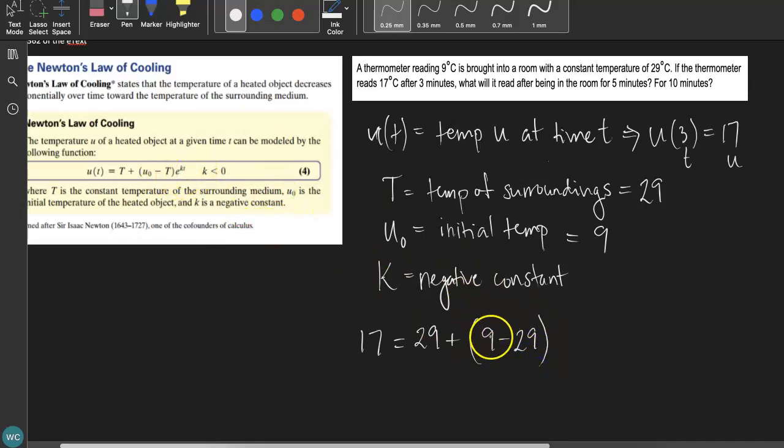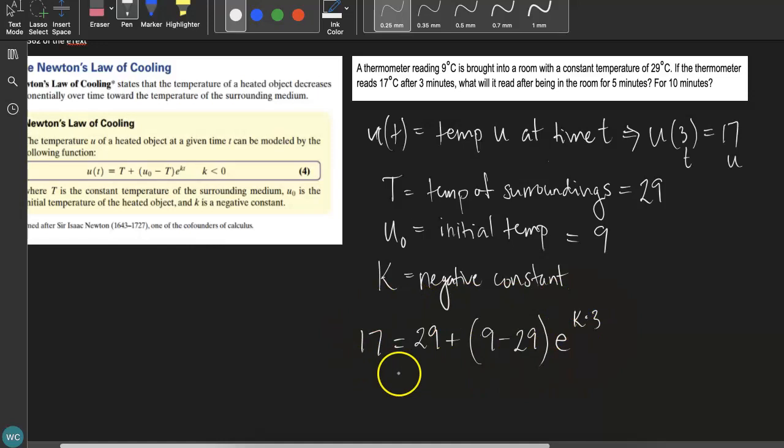And that's being multiplied by the constant e raised to the power k times lowercase t. And lowercase t we know to be 3. That was a specific temperature at a specific time that we were given.